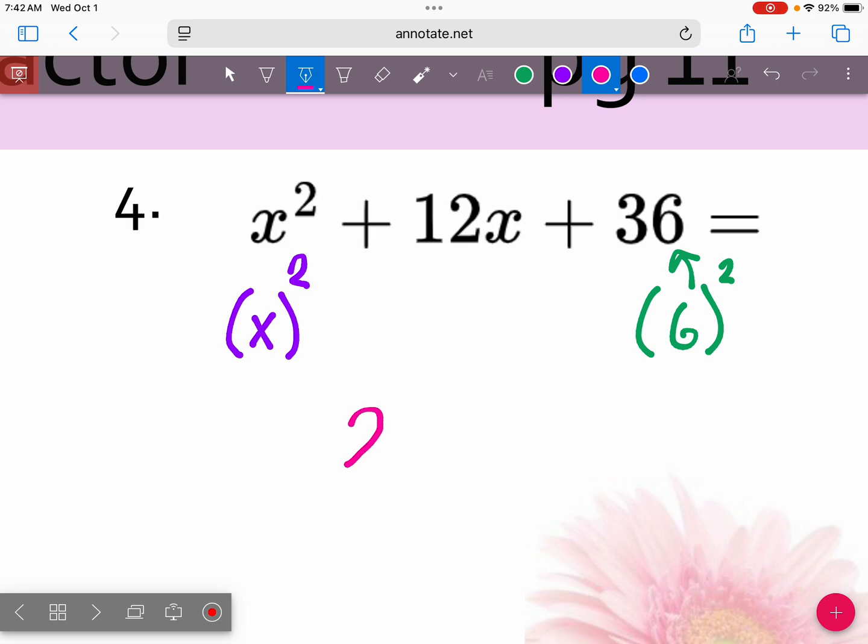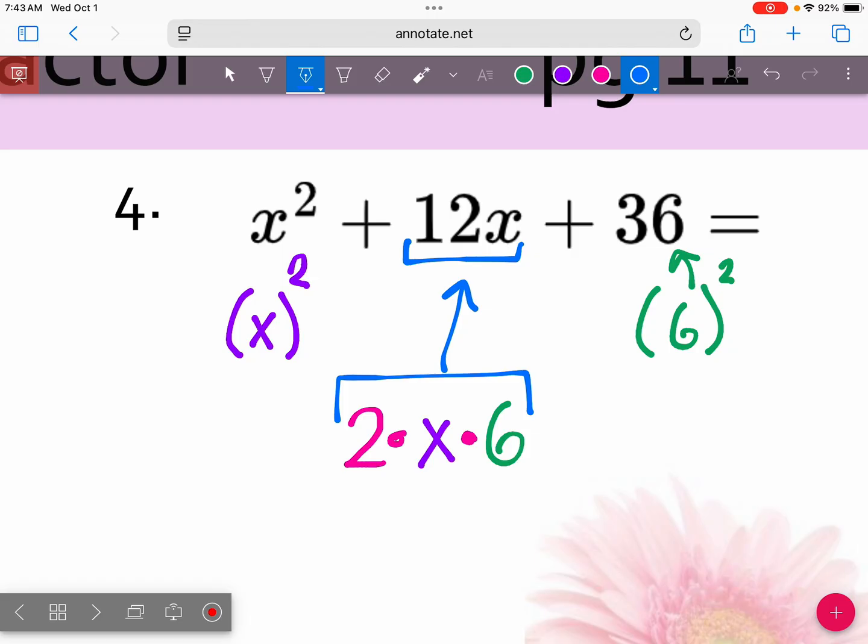We need the middle piece to be 2 times the x that's in the front times the 6 that's in the back. Is what we have here in the middle what we would get from this? Yes. Because 2 times x times 6 is 12x.